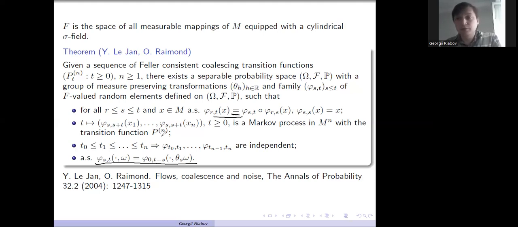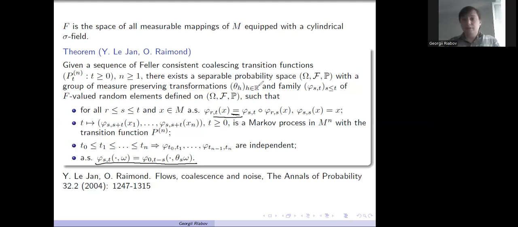One more feature of this construction: the probability space can be chosen to be a separable probability space, in the sense that L2 over this space is a separable Hilbert space.